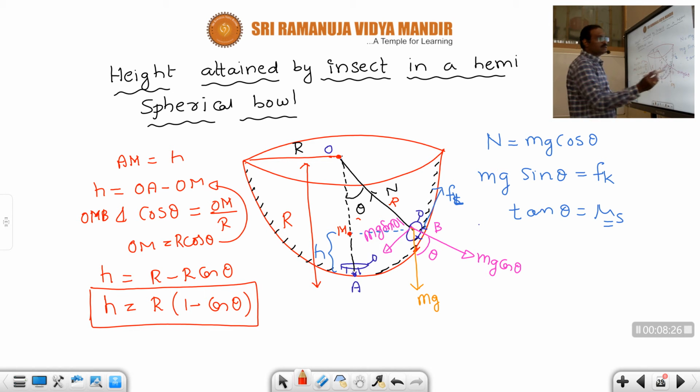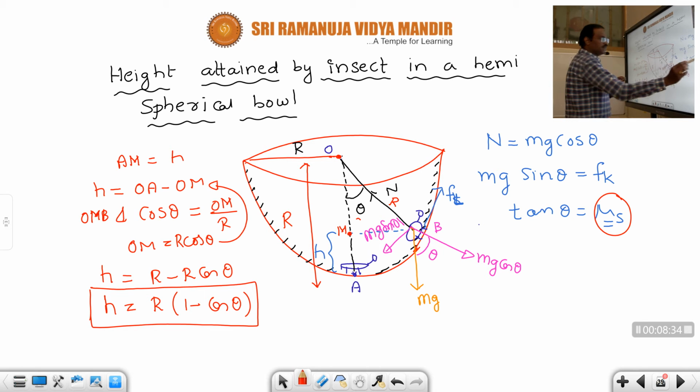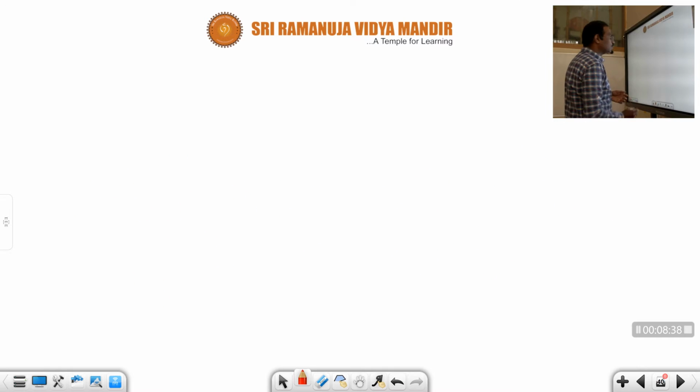But sometimes they will ask in terms of the coefficient of static friction. So in terms of the coefficient of static friction, if they ask, then immediately we know that tan theta is equal to mu s.